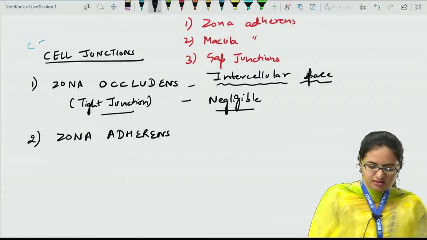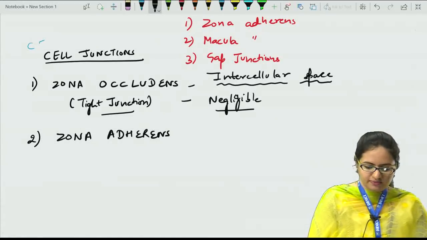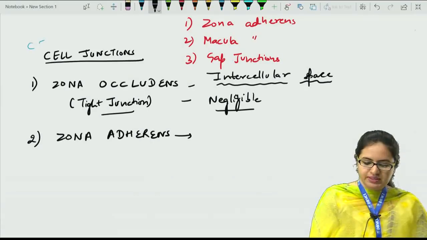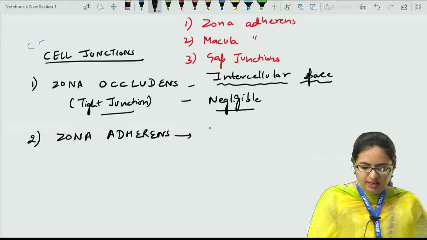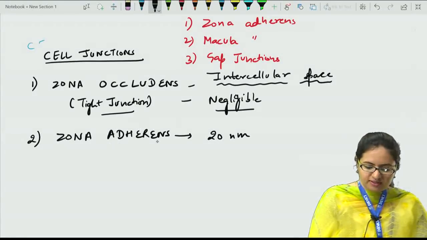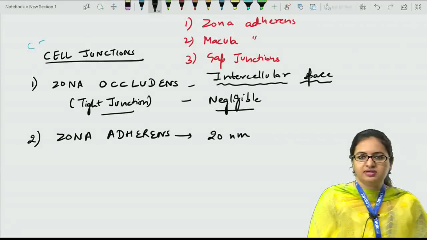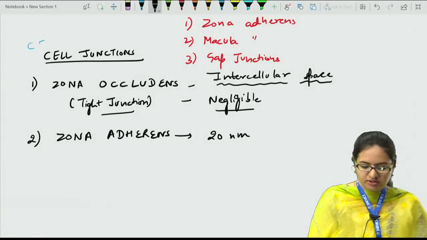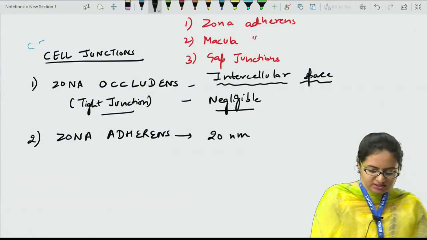The zona adherens is also known as fascia adherens, and it is present just beneath the zona occludens, and the intercellular space is 20 nanometer. The characteristic feature over here is that the actin filaments are present, which help in the attachment of this cell junction.